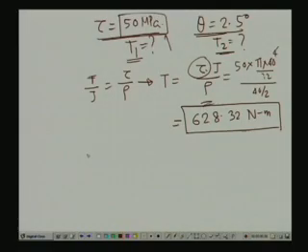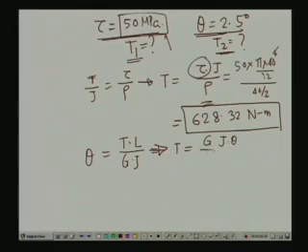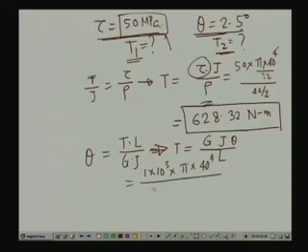So, for the second case we have theta equals T L by G J. From this we can compute T as equals to G J theta by L. Now, G is given as 1 into 10 to the power 5, J we have pi into 40 to the power 4 divided by 32, L is 1500 and theta is 2.5 degree.